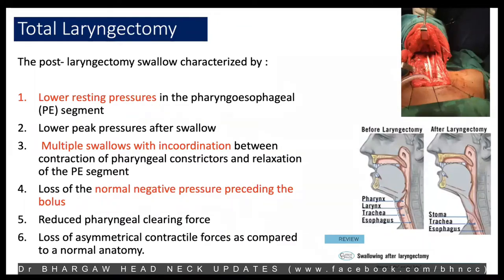So there is a lot of discoordination between these constrictors, and when the patient tries to swallow, he needs multiple swallows. Sometimes they end up having a pseudo-epiglottis or a false vallecula, so food gets pocketed there. There's also some theory about a lower resting pressure in that reconstructed pharyngoesophageal segment, so there is always a delay in transit. Food goes a bit slowly until it goes down to the esophagus.